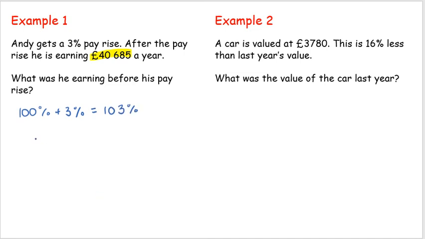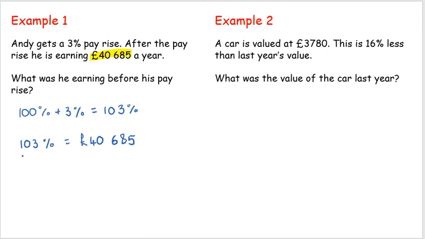So what we can say is that new wage he's got represents 103% of his original wage. So 103% is equal to 40,685.